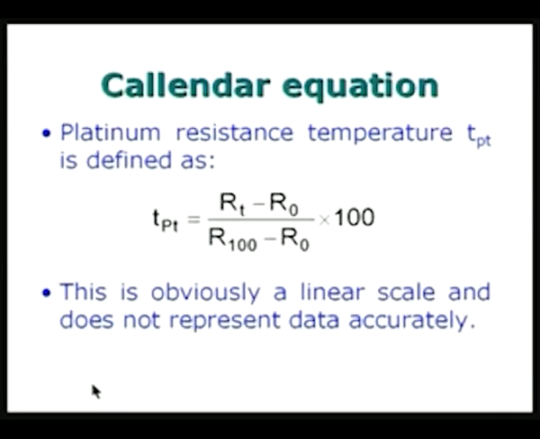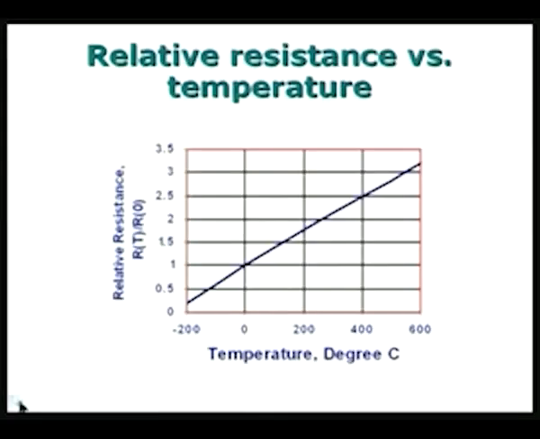And now I will slightly digress. If you go back to the response of relative resistance to temperature, if you look at this curve, it is almost a straight line, but really not. There is slight non-linearity. So, what we would like to do is to see how to take care of this non-linearity.